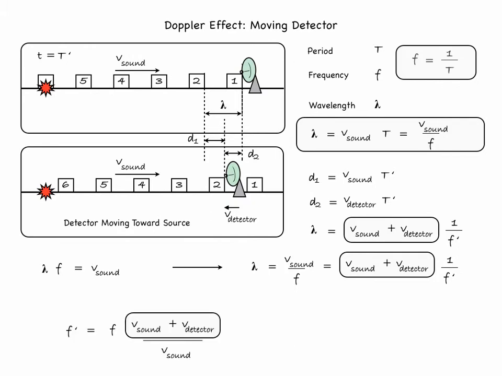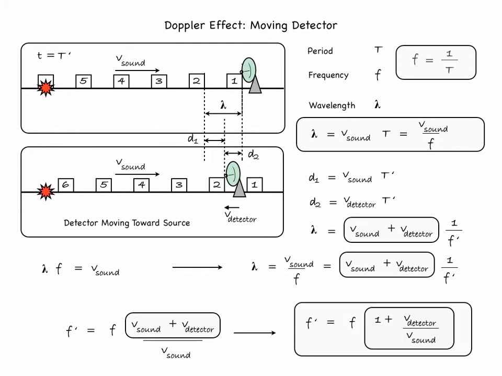Moving the terms around, we get f prime equal to f times v sound plus v detector over v sound, or that f prime is equal to f times 1 plus v detector over v sound. We see that the formula actually gives us a higher value for the frequency with which the bleeps arrive at the detector, which is exactly what we expected from our analysis of our diagram.